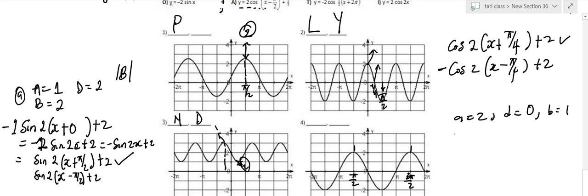actually depends. Okay, now let me write the sine equation. My amplitude will be 2 sine, this will be 1. There's no vertical shift, it's 0. For the phase shift, I'm looking for a point at the middle closest to the y-axis, which is this.